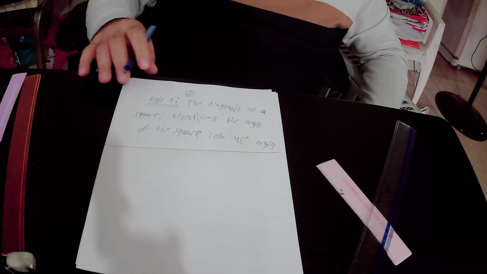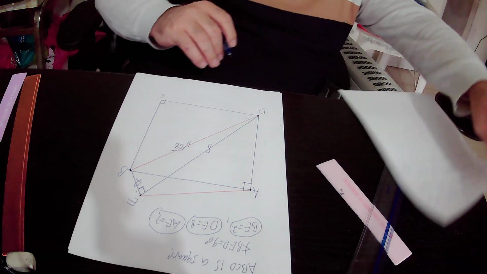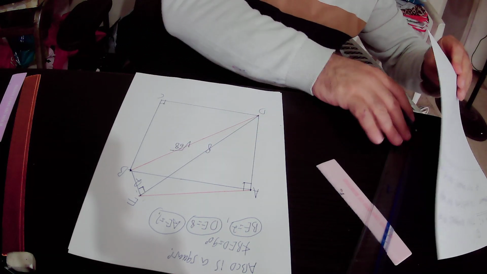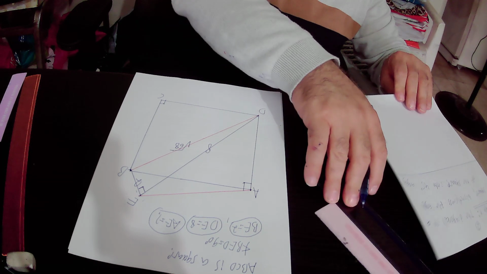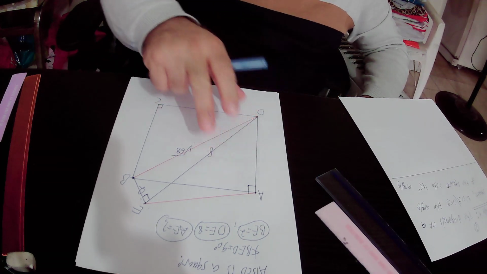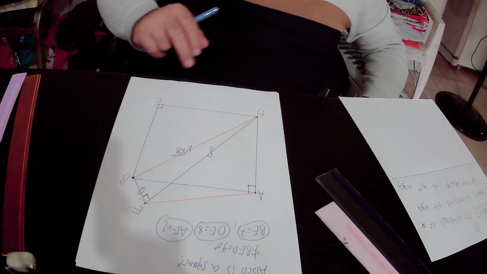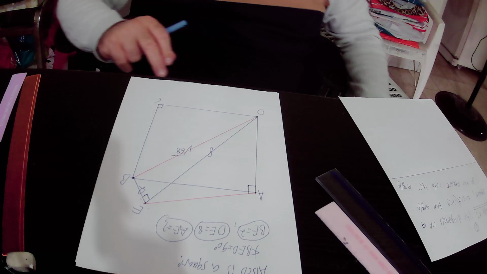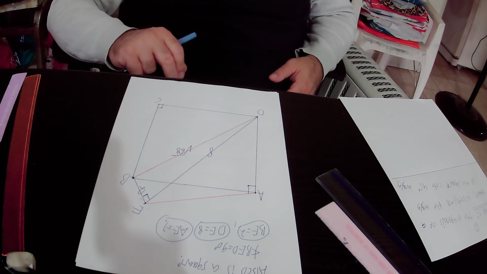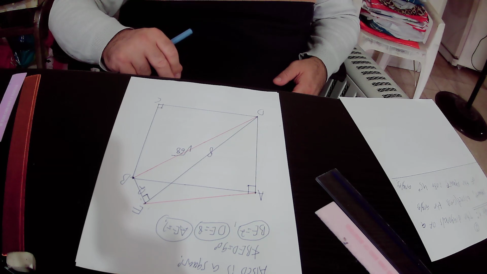So we can implement rule number 1 in our drawing, because in our drawing we have square ABCD and diagonal BD. So according to rule number 1, the diagonal BD bisects the angles of the square into 45 degrees angles.